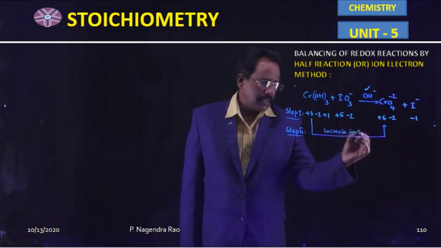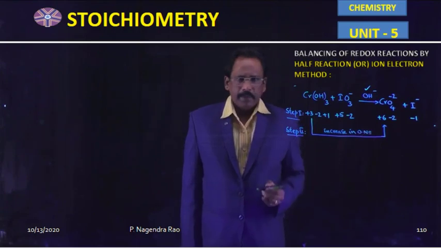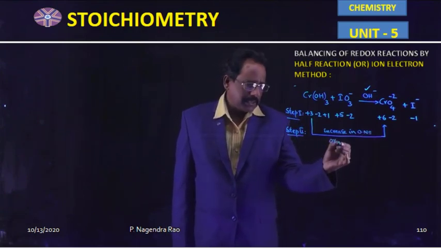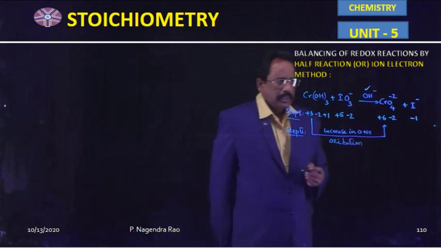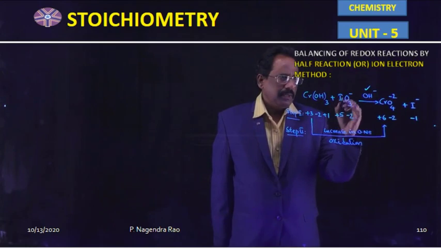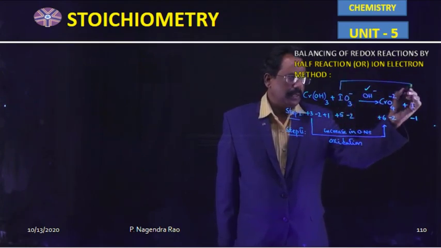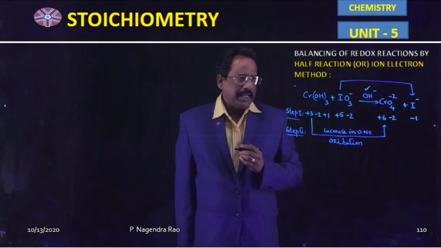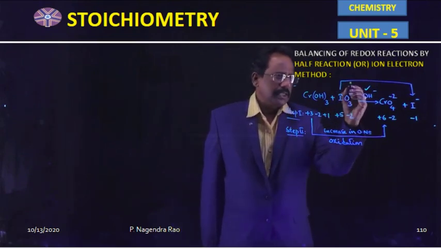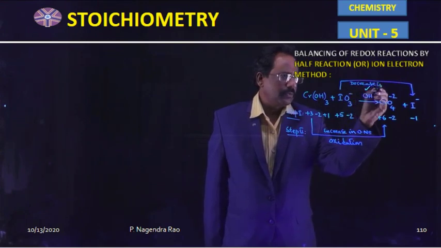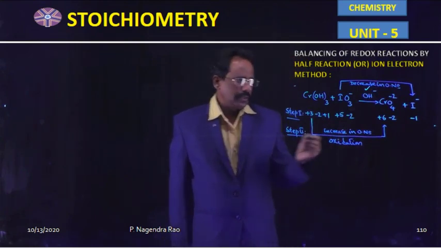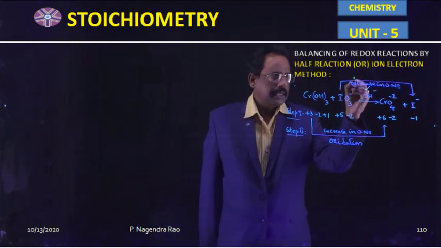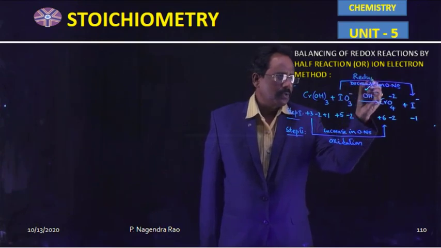So this is an oxidation process. And iodine +5 to -1, so this is decrease in oxidation number value. So this is a reduction process.